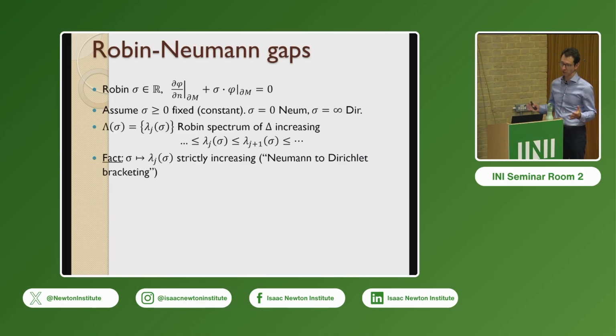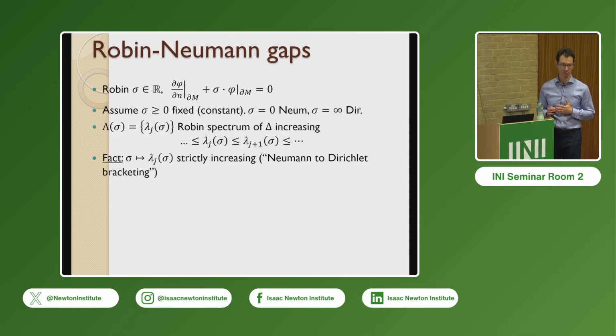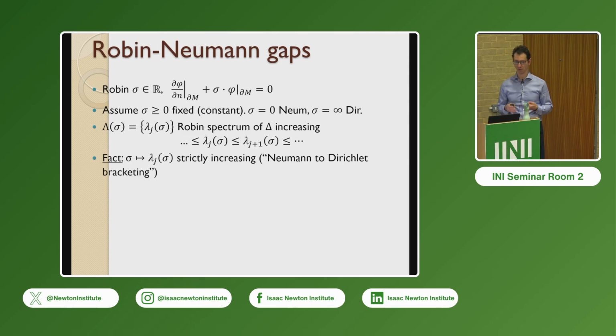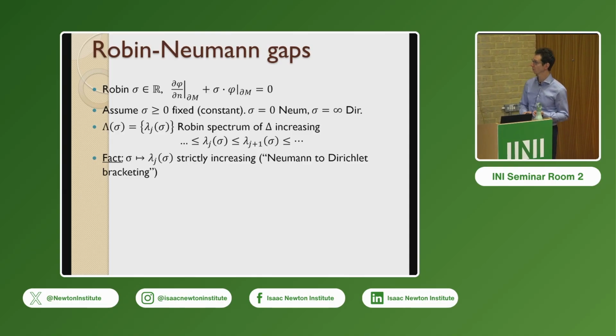In this part, we're going to assume that sigma is fixed and is a constant. It's not a function. Sigma equals 0 corresponds to Neumann, and sigma equals infinity corresponds to the Dirichlet boundary condition. We're interested in the Robin spectrum of capital delta.